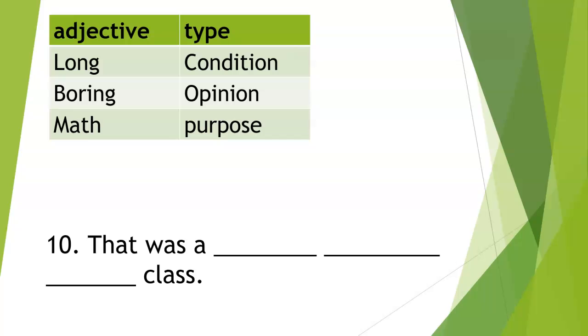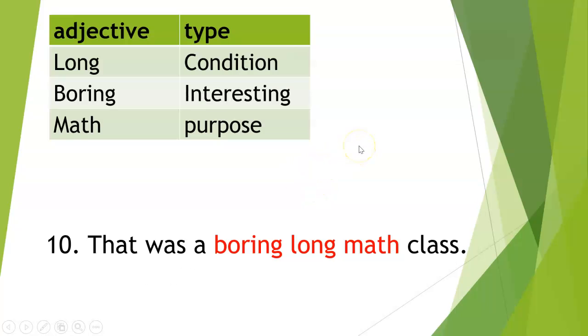Maybe it was exciting to another student, right? So that's opinion. It's a matter of opinion. And then math was the purpose of the class. So when we look at these in the sentence, we can see that that was a boring long math class.